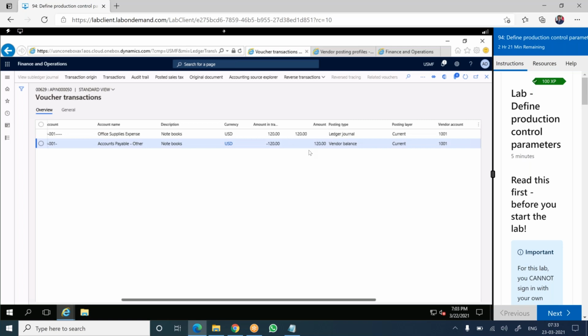One more thing: yesterday I discussed accounting currency, reporting currency, and transaction currency. This is transaction currency, this is accounting currency, and I will add reporting currency also.